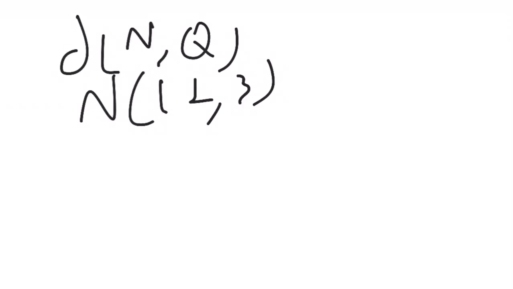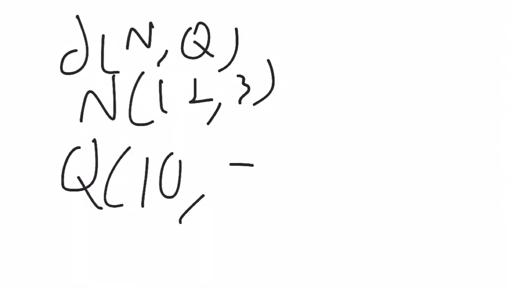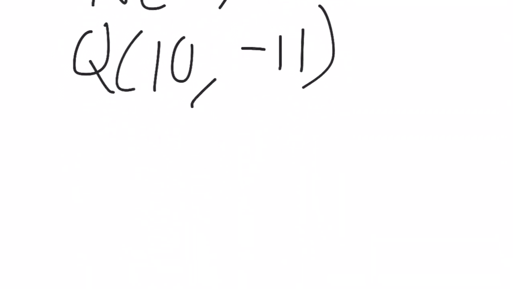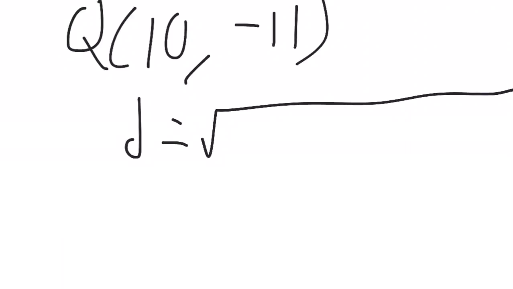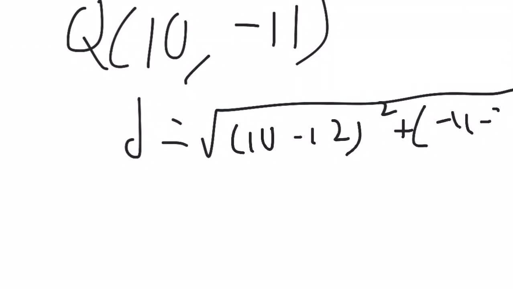Now we need the distance from N to Q. We remember N is the point 12, 3. And Q is the point 10, -11. So the distance would be, do the square root, subtract the x coordinates, 10 minus 12, square it, and then do addition, and then subtract the y coordinates, -11 minus 3. And then square the difference.